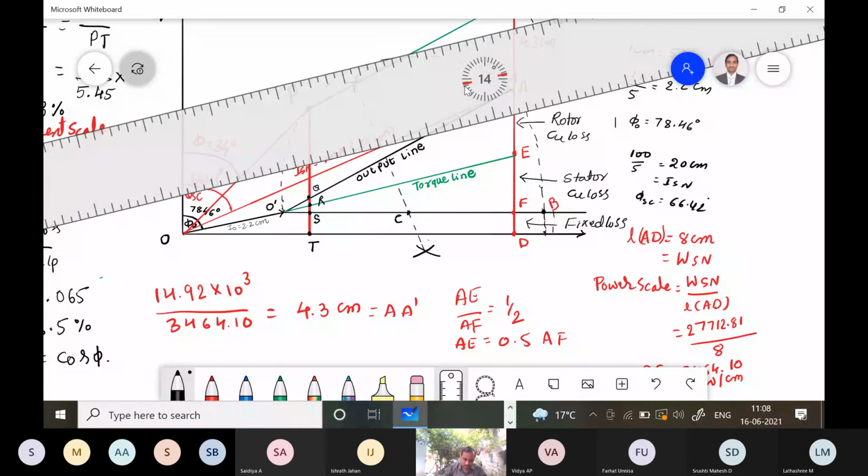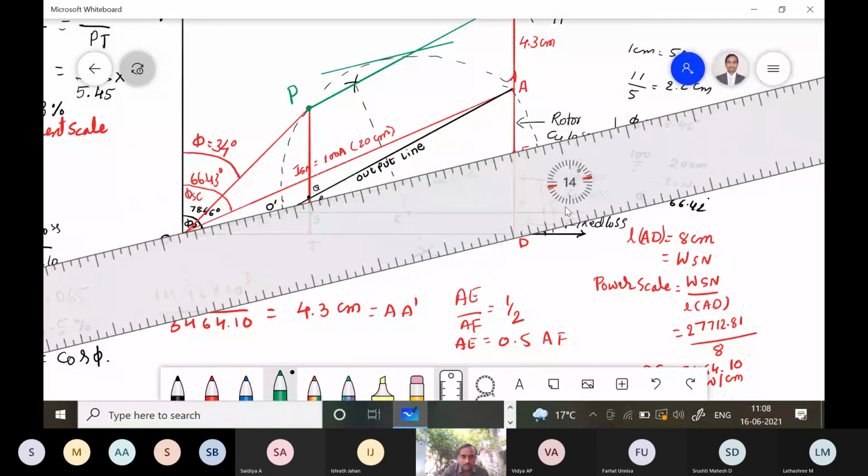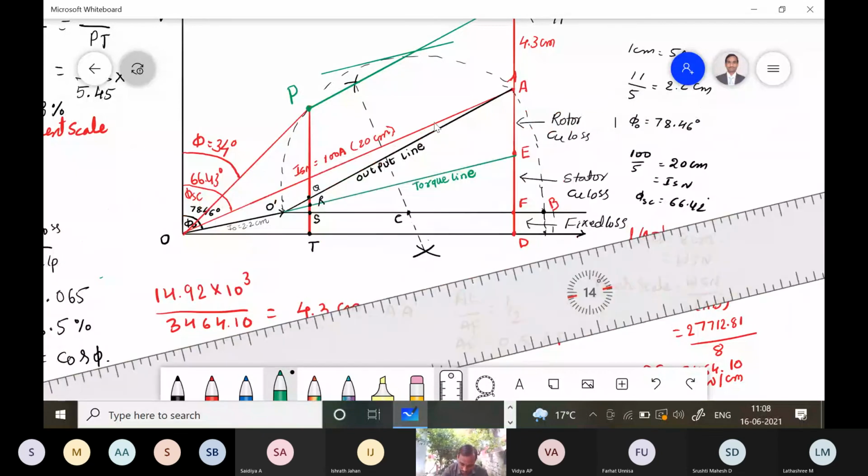Okay, so I will draw the parallel line to the torque line. This is the parallel line to the torque line exactly. Take it exactly in upward direction. It will touch the semicircle as a tangent somewhere.